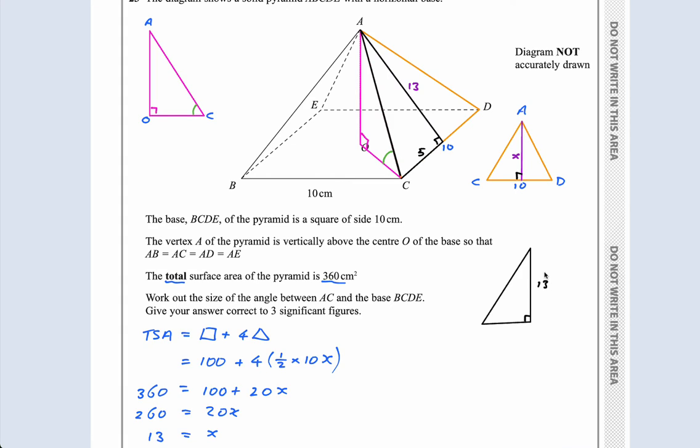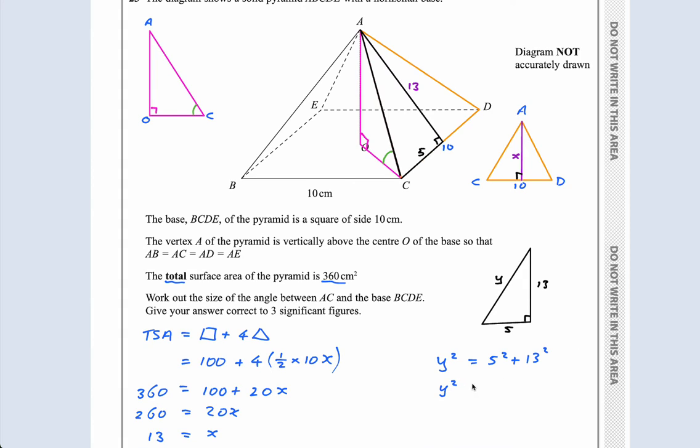This is 5, which means this side, which is ultimately AC, is where we're going to use Pythagoras. Now I'm going to call this y because I've already used x. So using Pythagoras, y squared equals 5 squared plus 13 squared.